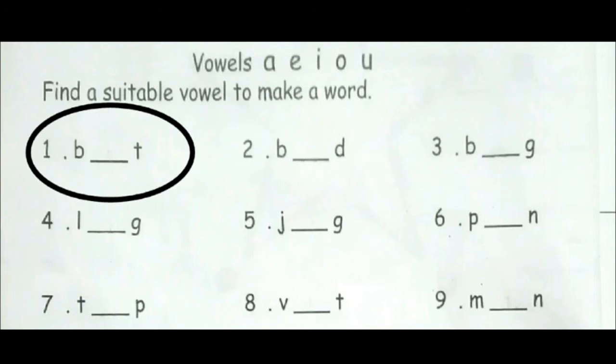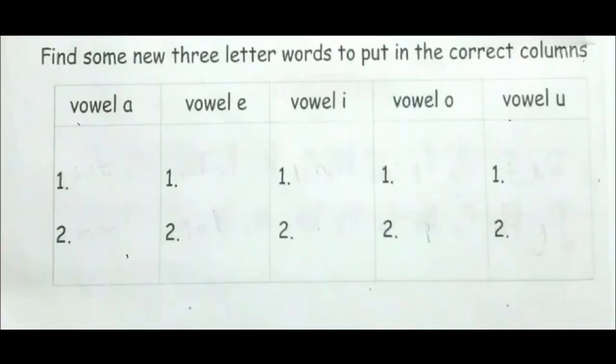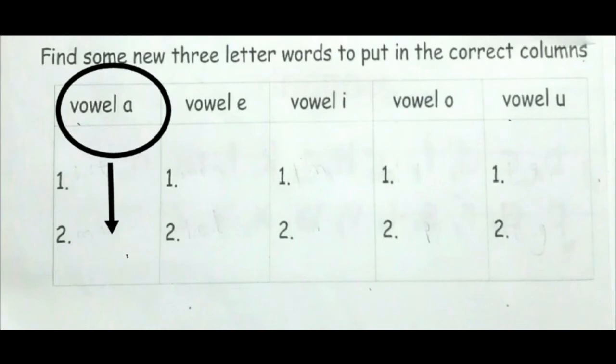Now in this way you have to complete this part 2. Now coming to the third part, find some new 3-letter words to put in the correct columns. Here we have 5 columns and we have vowels written here. For example, in the first column, vowel A. Now we have to write 2 words that have a vowel A in them, but it should be a 3-letter word.